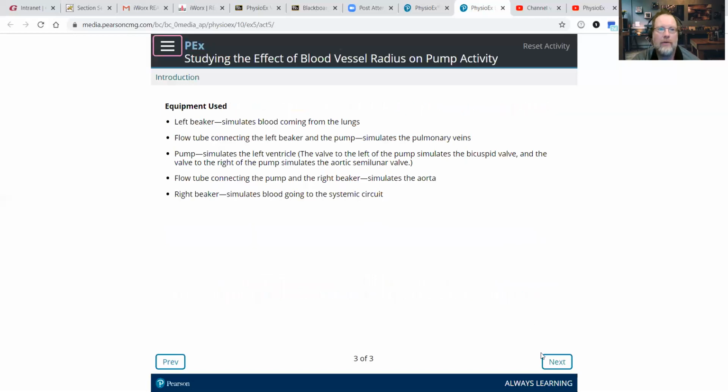We're going to have a lot of moving parts, or what appear to be a lot of moving parts. We're going to have a left beaker that's going to have blood in it coming from the lungs. There's going to be a small amount of pressure, around 40 millimeters of mercury, sending blood from the lungs back to the left side of the heart.